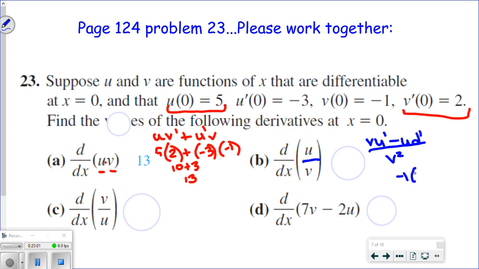I know that the derivative of u is negative 3 minus u. U is 5. The derivative of the bottom, the derivative of v, is 2. I draw a line and square v. So this is 3 minus 10 over 1, which we know is negative 7.